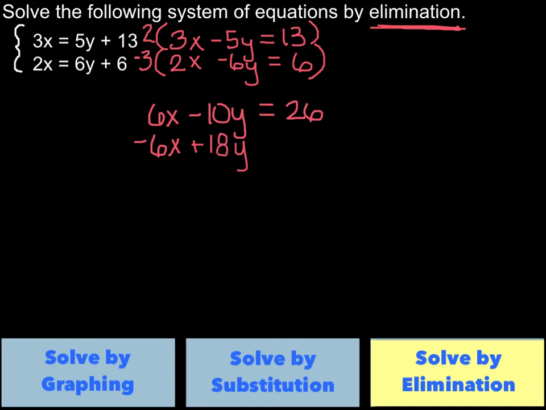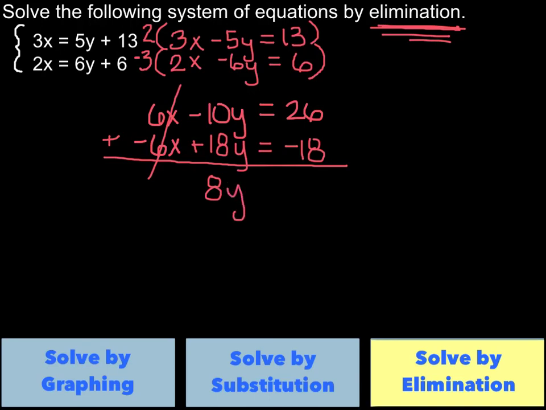And negative 3 times positive 6 is negative 18. Now I can add down to see if I can eliminate. So 6 and negative 6, oh look, that goes away. So negative 10 and positive 18 make a positive 8y equals 26 minus 18, which is 8, positive 8.